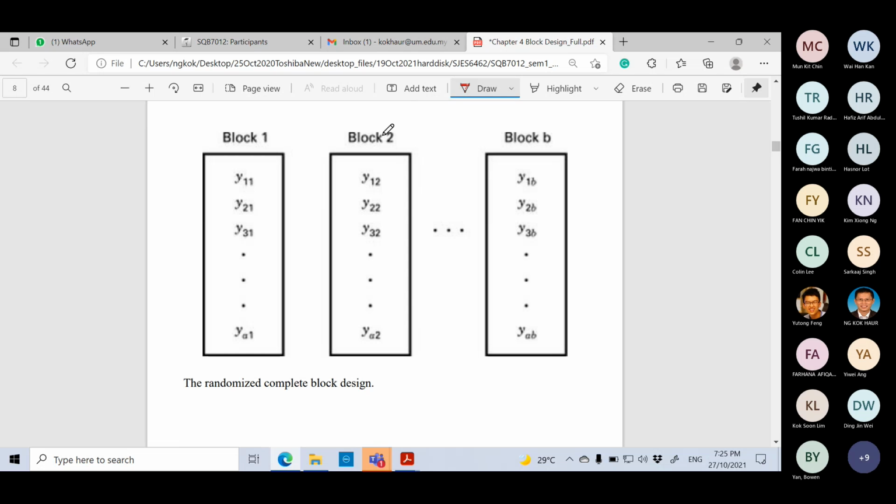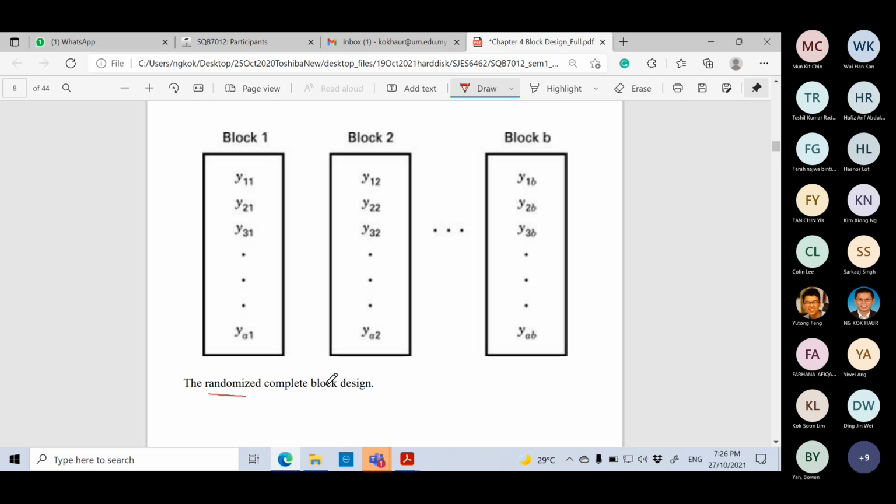This is what I mentioned: the randomized complete block design means that for each block you do the randomization of the observations. Therefore it is called a randomized complete block design. If you do not have a block, you can refer to chapter 3, the completely randomized design.